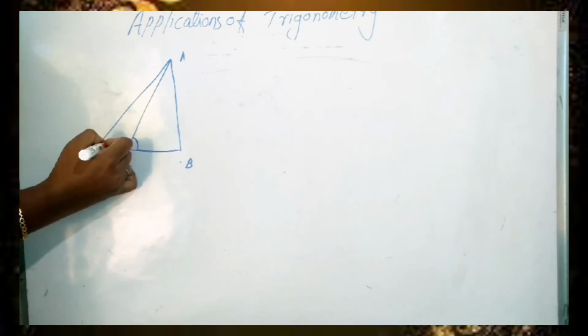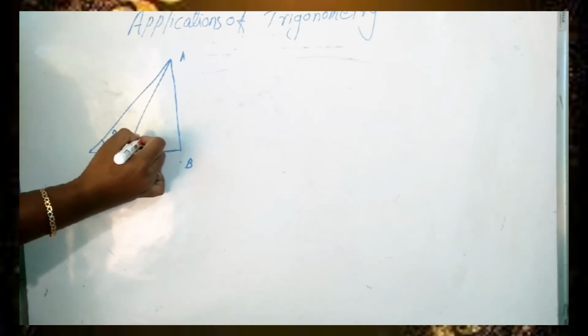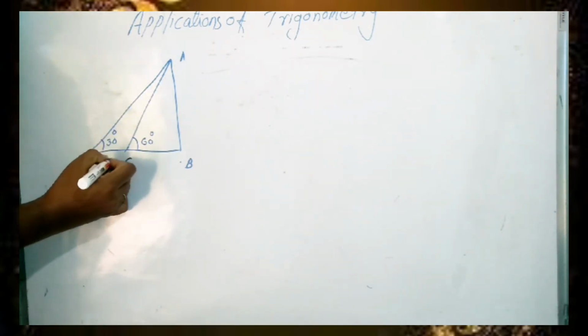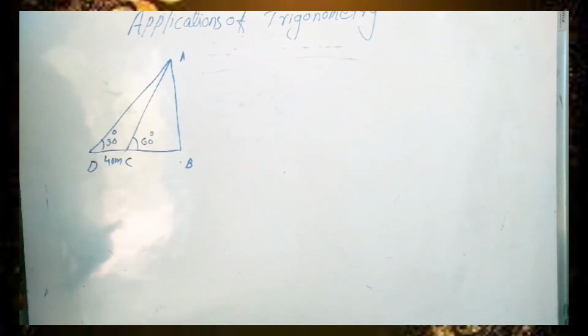The small value is 30 degree and the second one is 60 degree. This distance is also given, that is 40 meter. Now, we need to find out the height of the tower, that means we need to find out AB.